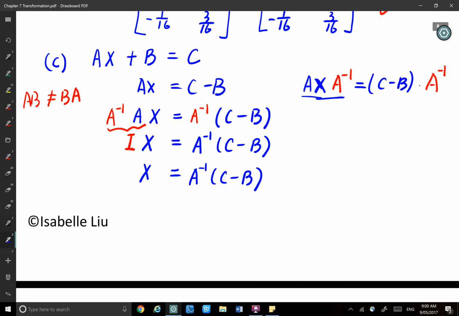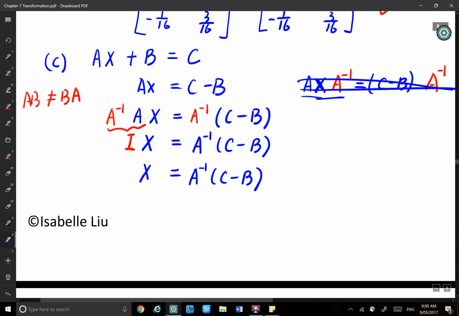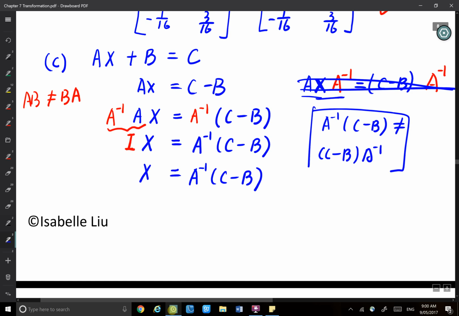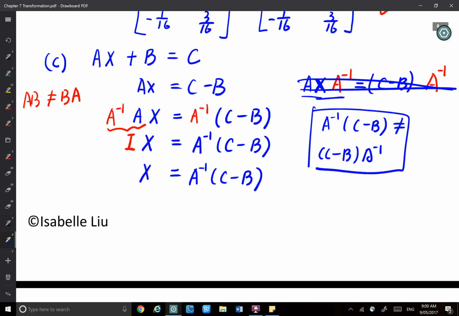Therefore, this one doesn't work. So you should know A inverse times C minus B is not the same as C minus B times A inverse. The A inverse must be at the front.